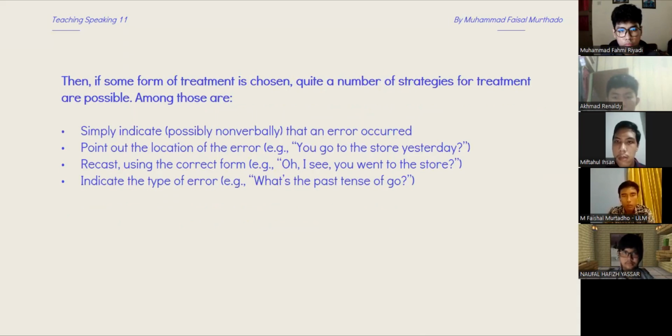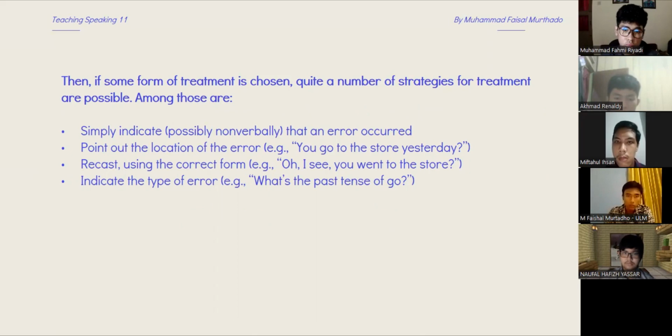Then, if some form of treatment is chosen, quite a number of strategies for treatment are possible. Among those are simply indicating, possibly non-verbally, that an error occurred, like "ini salah," oh no, this is wrong, or pointing out the location of the error: "You go to the store yesterday."